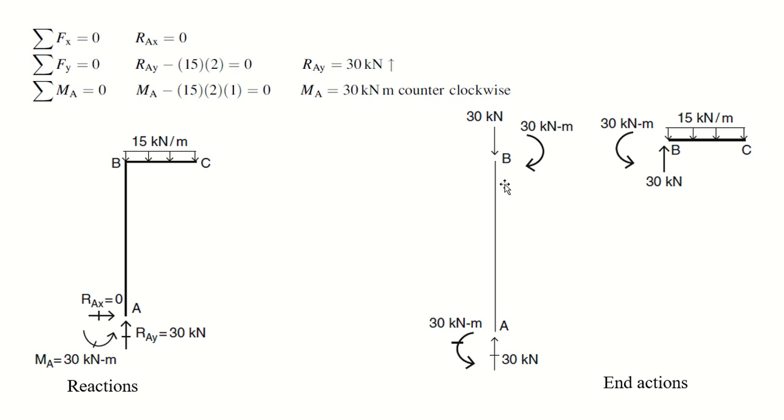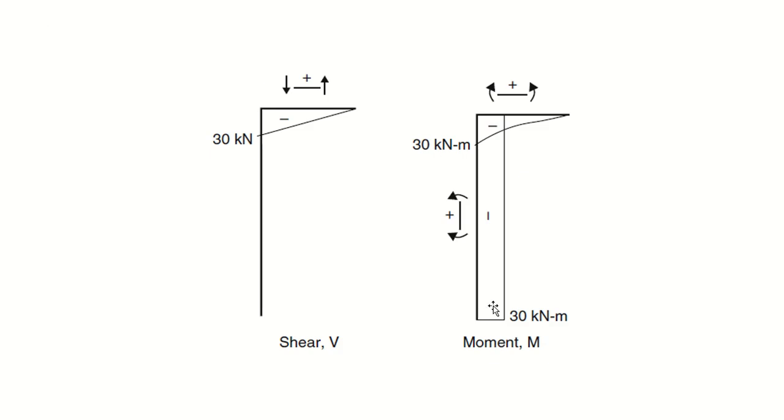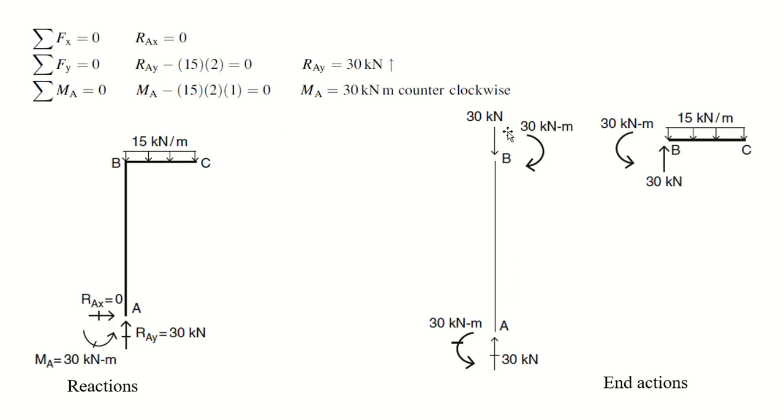You have 30 kilonewton meter here and it is supported over here, so in the entire column there will be a 30 kilonewton meter bending moment. So this will be a 0 degree bending moment diagram, right? This is how you get a 0 degree bending moment diagram when you have bending moment at one end and it is resisted by bending moment at the other end. So if you get something like that in the paper or in the assignment, don't get confused.